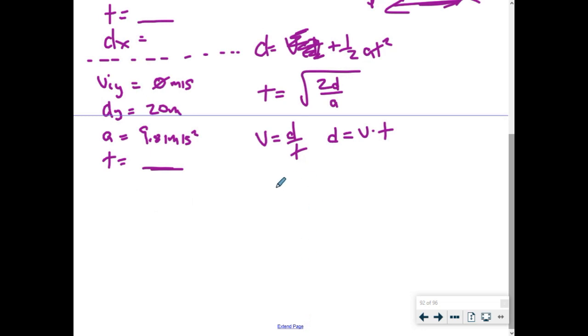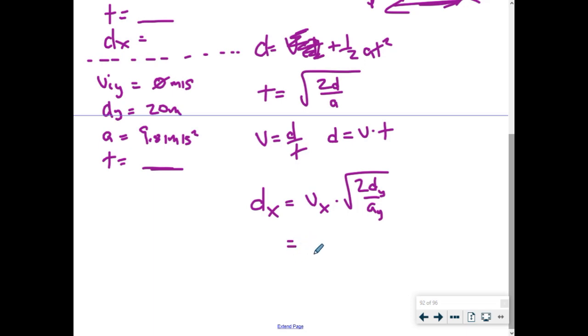So if I blend all of this together, the distance in the x direction should be the velocity in the x direction multiplied by the time value, which is the square root of 2d over a. And I'll point out that these were actually y values. So there we go. I can do this all in one fell swoop if I know how to do it.